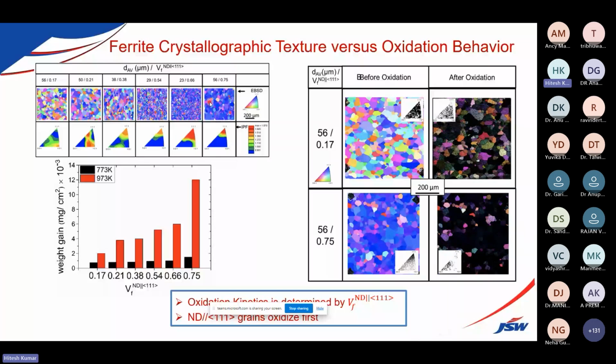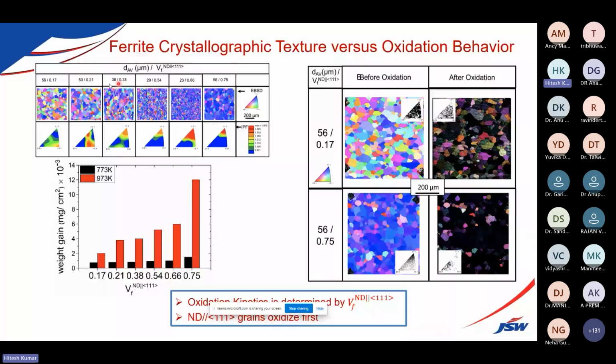In the same grade, if you create the gamma texture, your formability is going to be good. So we tried to create gamma texture fractions from 0.17 to 0.75 with the same grain size, as well as different fractions in between, 0.1, 2.1 and 0.66.